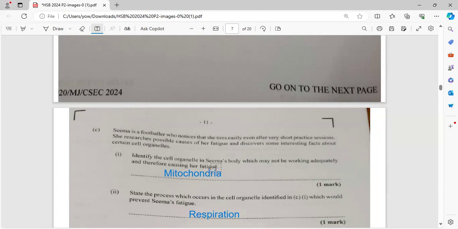So of course, she's fatigued, that means she's lacking energy, and the powerhouse of the cell is the mitochondria, guys. So if you got that, well done. State the process that occurs in the cell organelle identified in C1, which would be the mitochondria, that would be respiration. So if you got that, well done, guys.